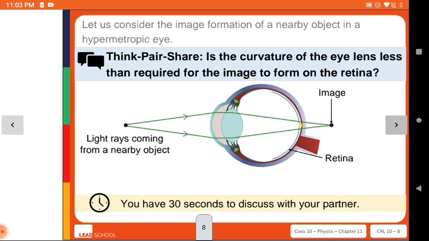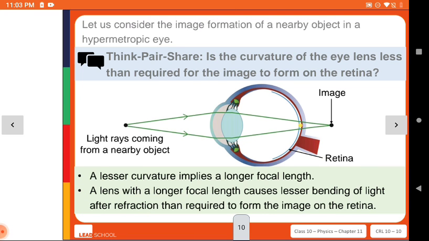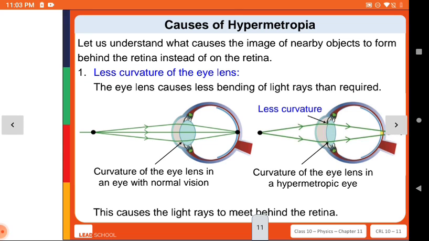In this case we use a convex lens which helps to move the image forward. In normal vision, the eye lens adjusts its focal length with the help of ciliary muscles, but sometimes it is helpless to form an image on the retina.